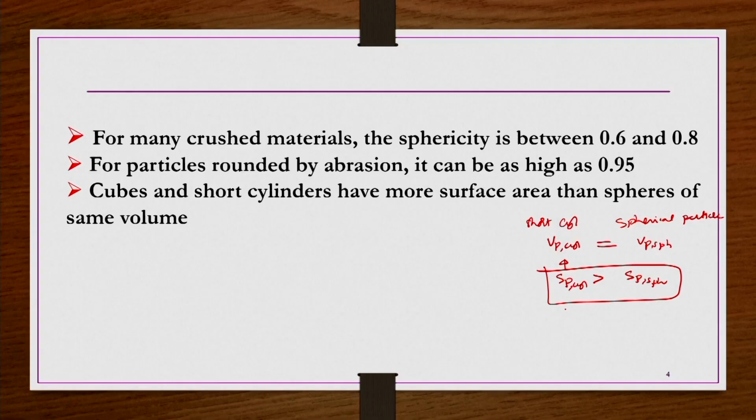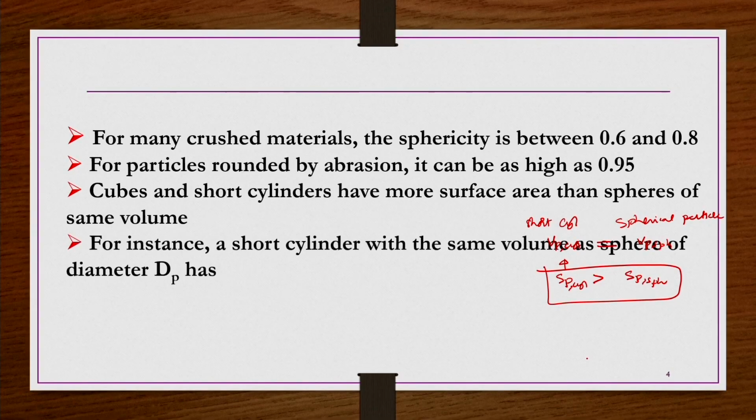Let us say you have a hemisphere particle and a spherical particle, and the volumes of these two particles are equal to each other, then the surface area of the hemisphere is going to be less than the surface area of the spherical particle, right. That depends on the equivalent diameter, how much it is. Okay. That is what we are going to see.